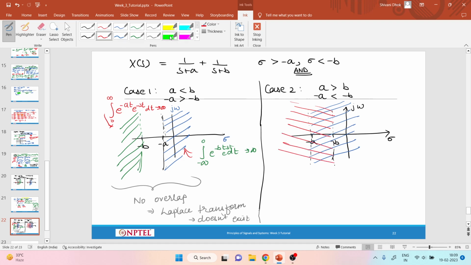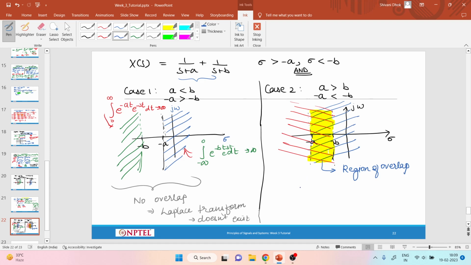So your first condition says that your sigma should be greater than minus a, that is this region. And the second condition says that your sigma should be less than minus b, that is this region. Now if we observe carefully, this is the region of your overlap. That is, in this range of sigma, both of your integrals will converge to a finite value.